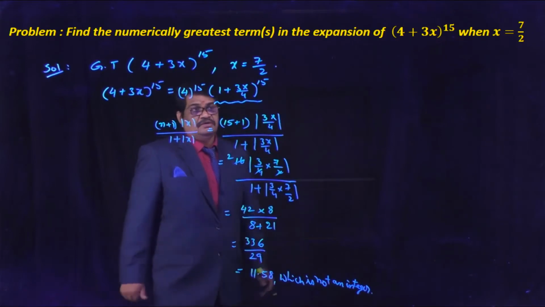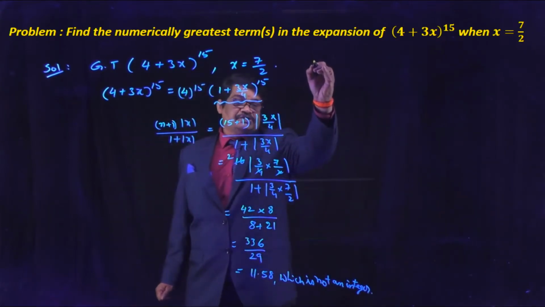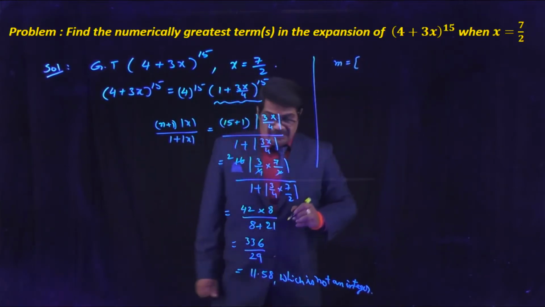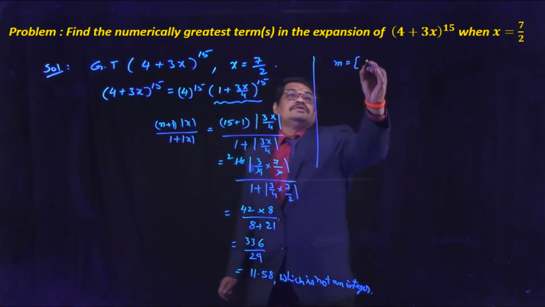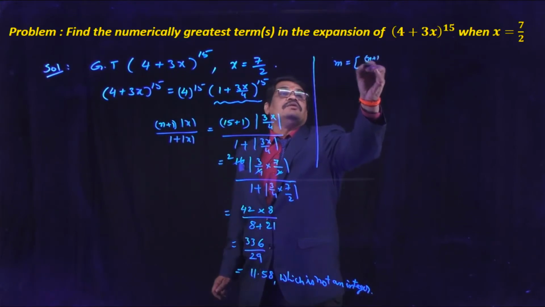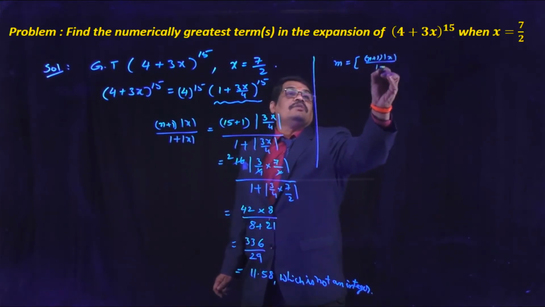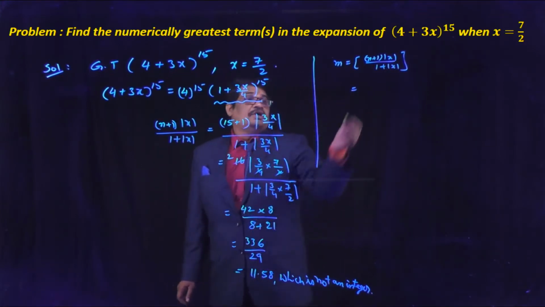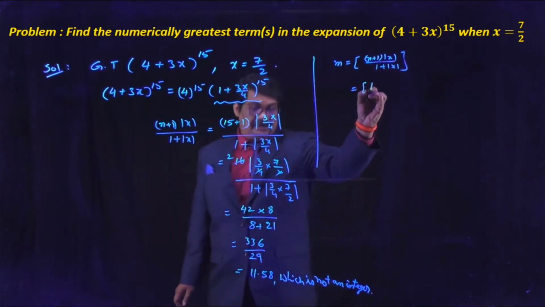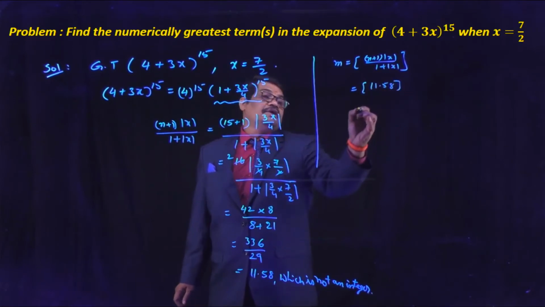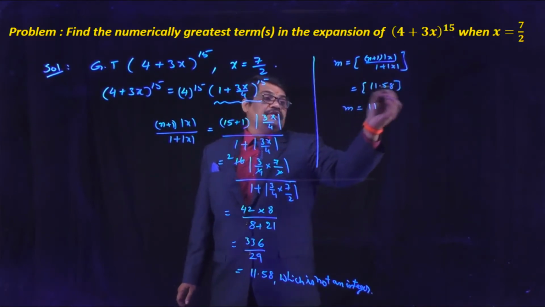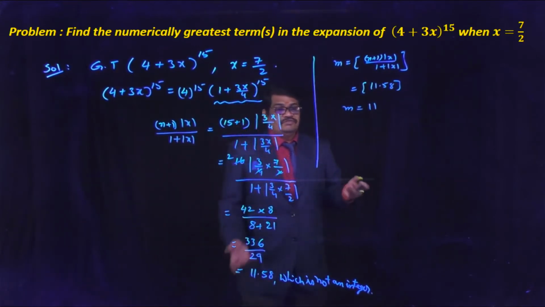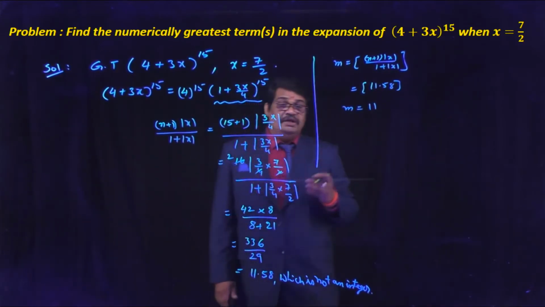Then we take the step value, that is small m is equal to the integer part of (n + 1)|x| / (1 + |x|). That value is 11.58, so the integer part is 11. We have taken m as 11. Therefore, what is the numerically greatest term?